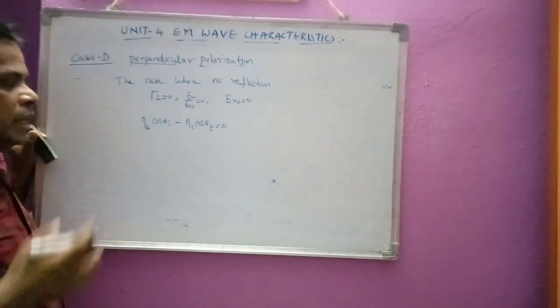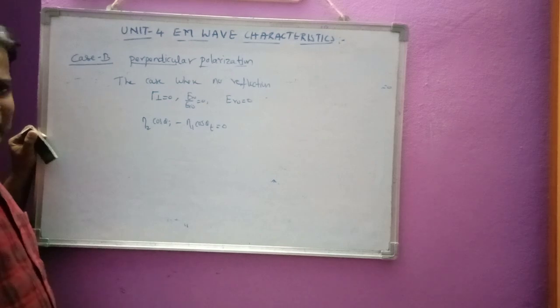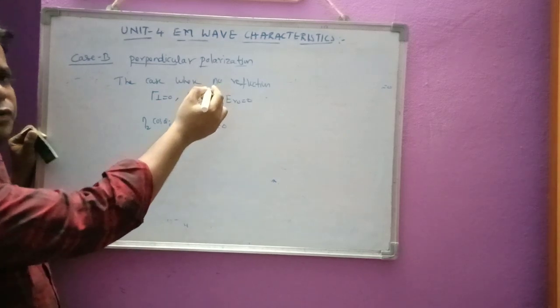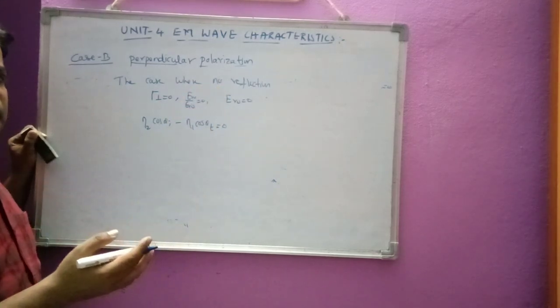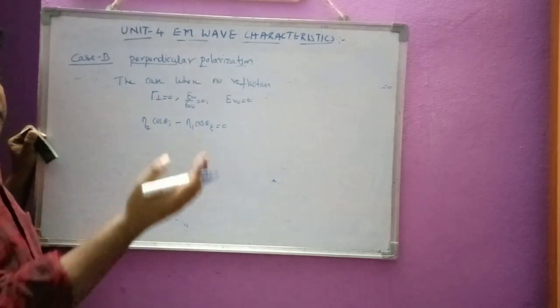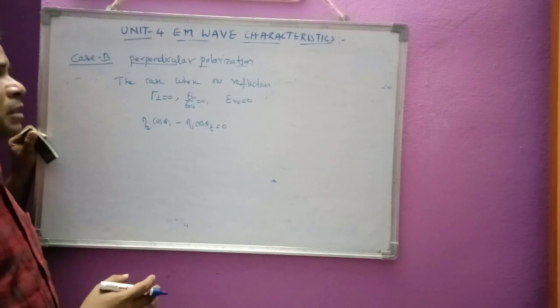If we set theta I equal to theta B perpendicular, then that angle is called the Brewster angle. So the incident angle where the reflections are 0 is known as the Brewster angle.